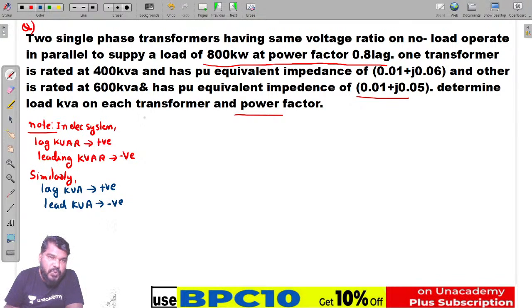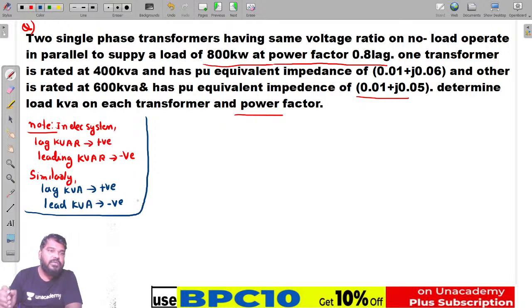So it is very useful to find the power factors in this question. In the electrical system, lagging kVAR is positive, leading kVAR is negative. Similarly, lagging apparent power is positive, leading apparent power is negative. So therefore first find out what is the load kVA here.